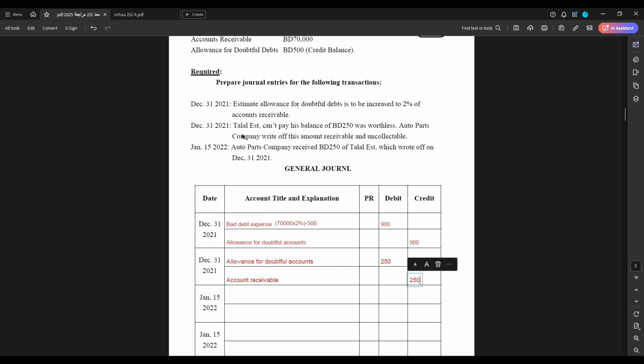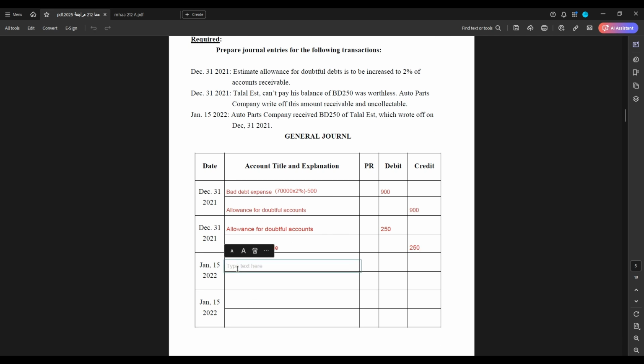On January 15, 2020, Auto Parts Company received 250 from Talal establishment, which was written off on December 31. So we need to reopen the account. The entry will be in two steps.